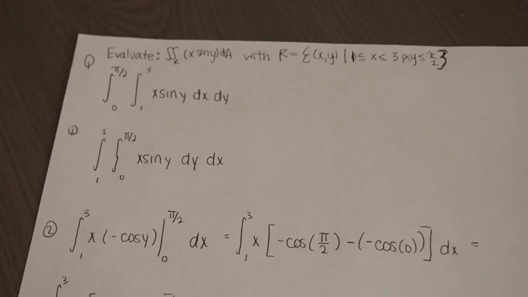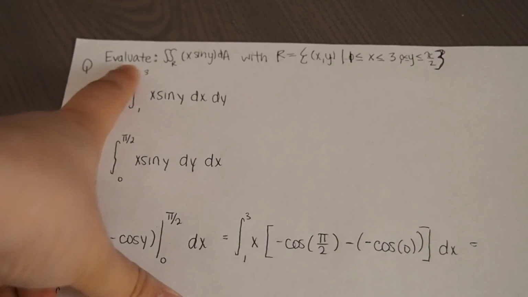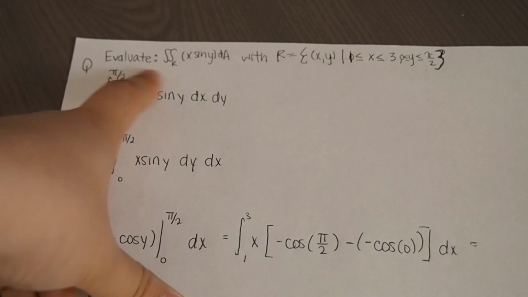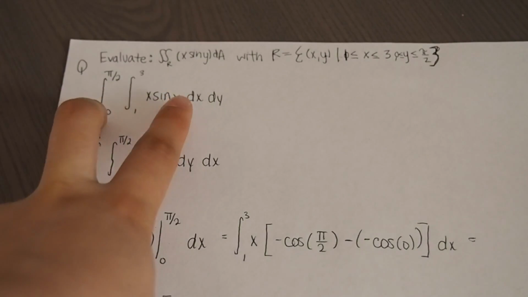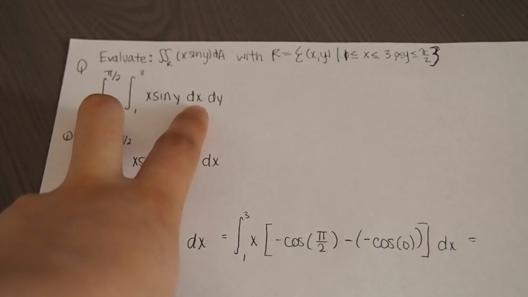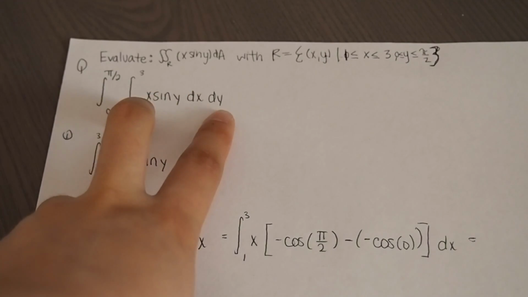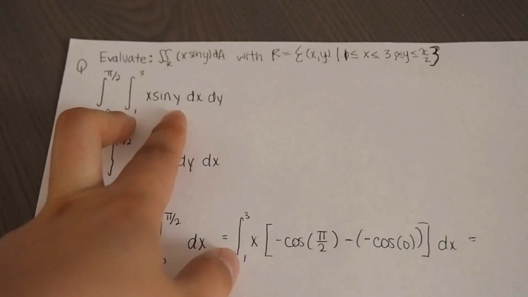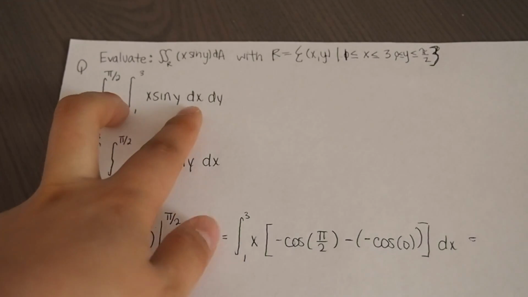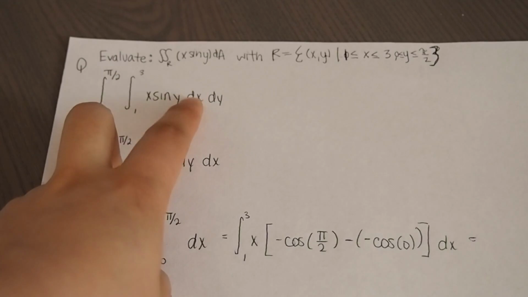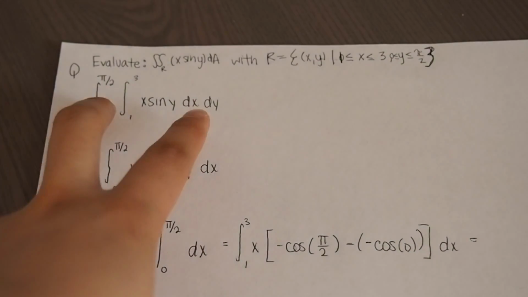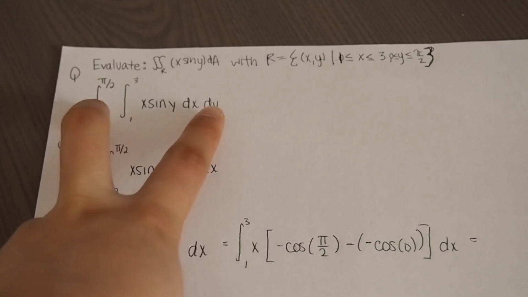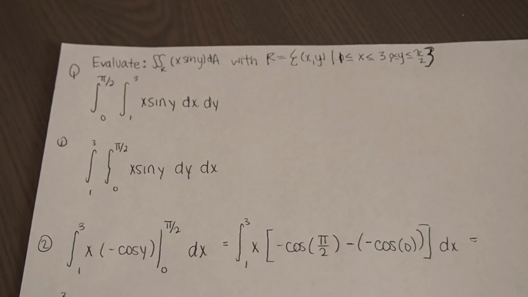We first want to set up our whole entire equation, our iterated integral, and make sure that your bounds are corresponding to the correct dx or dy. So as you can see, the inner integral would be in terms of x from 1 to 3, which was from the bounds that we were given, and the outer integral dy is from 0 to pi over 2.